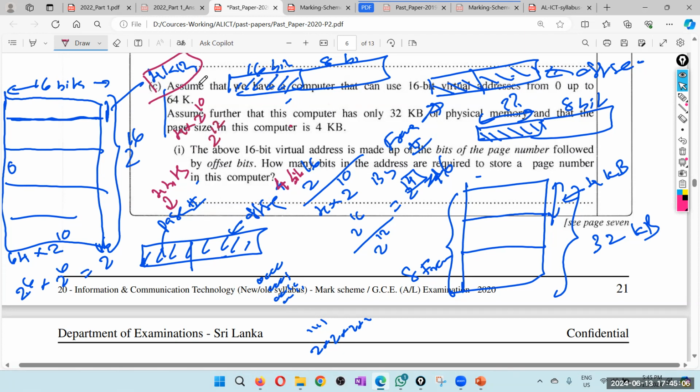So each page has 2 to the power 12 bytes of data, and if each byte has an address, you need 12 bits to uniquely identify the offset. 12 bits because it's 4 kilobyte. So you need 12 bits for the offset.